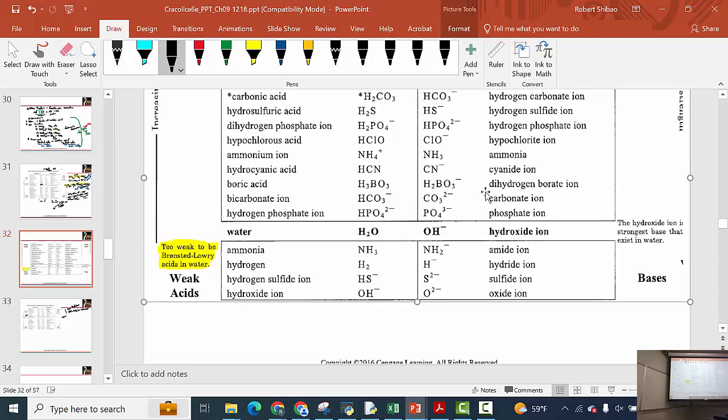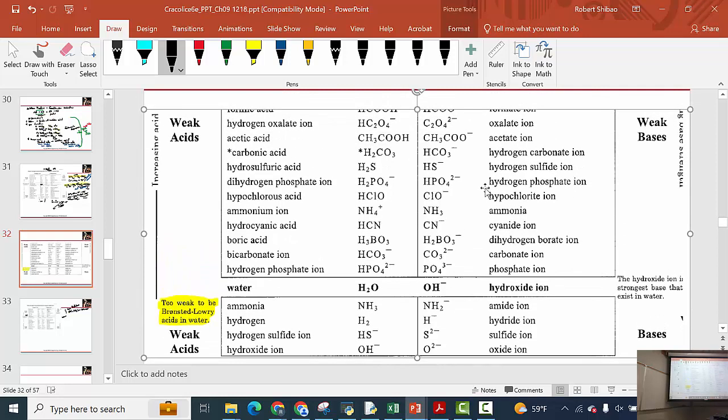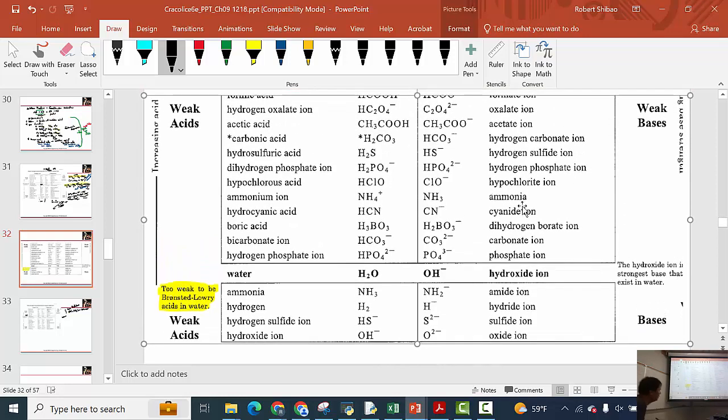These would be the top bases here. And the top bases here are actually so strong that they don't exist in water.